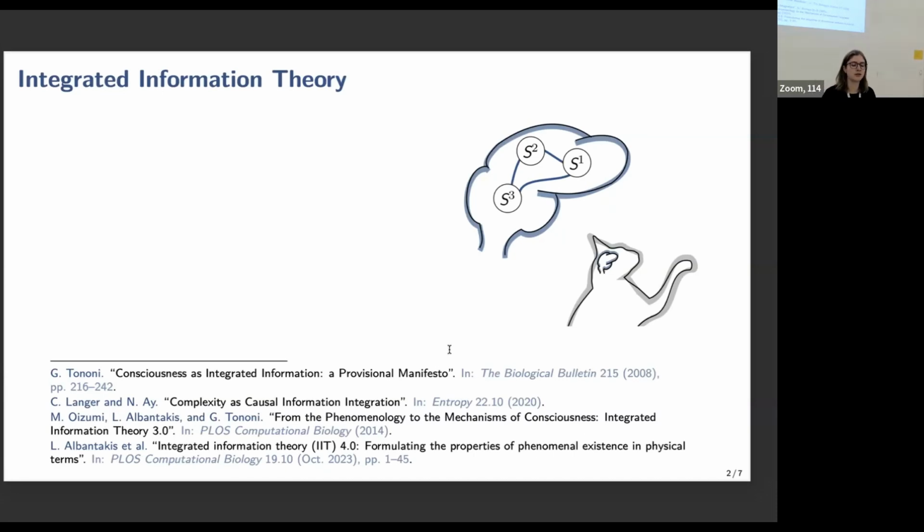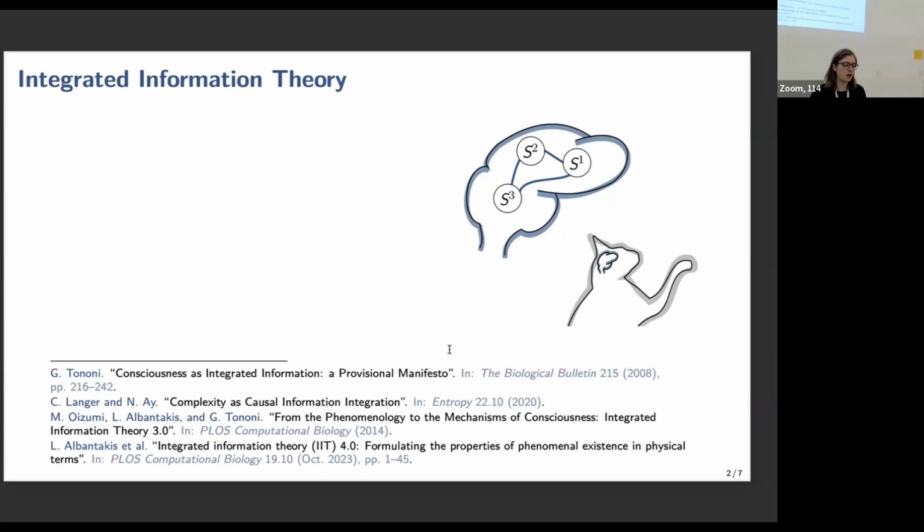Here on the right, you have again a cat with this blue thingy that's supposed to be the brain of a cat. In integrated information, what's important is, at first, that this is an intrinsic quality of the system. So it's really only about the controller, only about the brain. And secondly, it's not about what is represented in the brain, what's on the outside, but only about the causal mechanisms among the different parts of the brain, here represented by S1, S2, and S3.